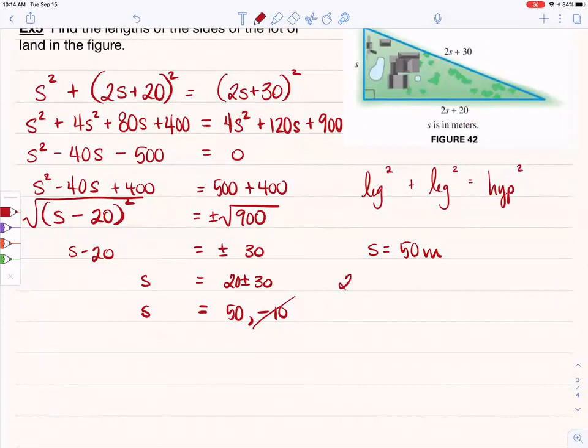Okay, so 2 times 50 plus 20, that side is going to give you 120 meters. And then the hypotenuse is 2 times 50 plus 30, which is 130. So a little bit of extra work there to find the other two sides.